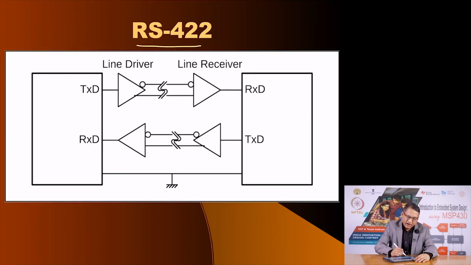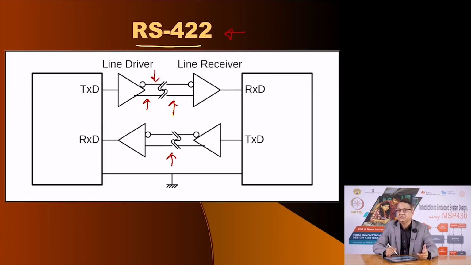But remember, our UART here is still the same. It also has the same data format. Voltages are also the same, but the voltages that are available on these lines, the serial communication lines, now conform to RS422 format. Here the line driver has a true and an inverted value, and these are again received by the receiver.